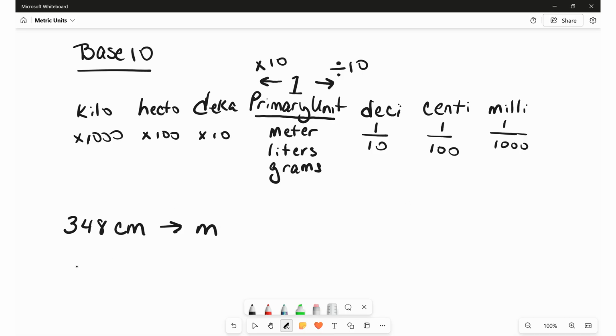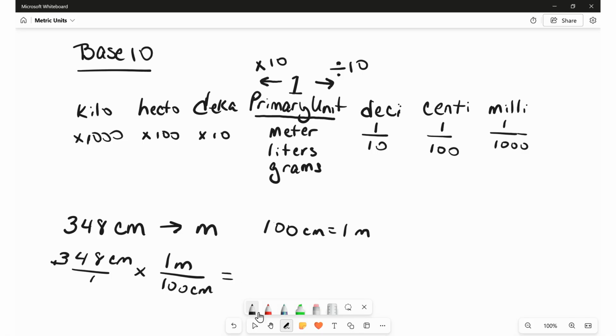So there are 100 centimeters in 1 meter. So we can set this up with the unit conversions that we learned before. And this cancels out the centimeters and gives us 3.48 meters.